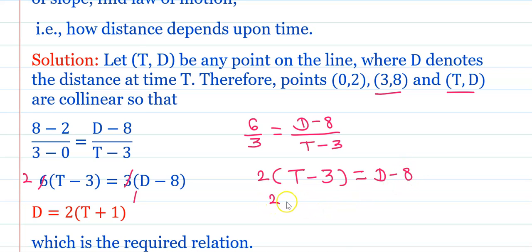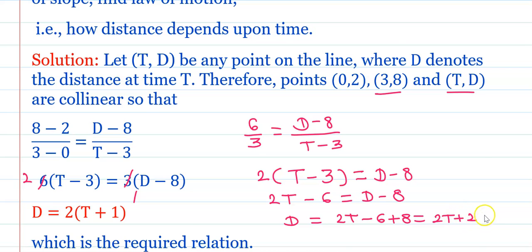Now the next: d is equal to 2t minus 6 plus 8, that is 2t plus 2.